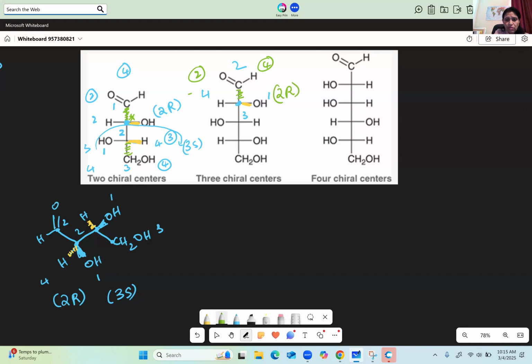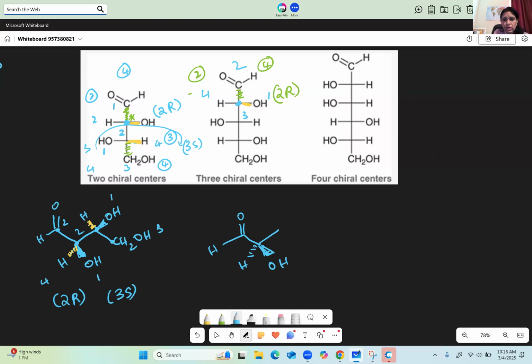So now here, if I were to do the same thing, if you want, you can start drawing the line diagram also. So that's my first carbon, second carbon. I need it to be an R. So this is my first priority, second priority, and my third is going to be here, fourth. 1, 2, 3. That is an R, right?